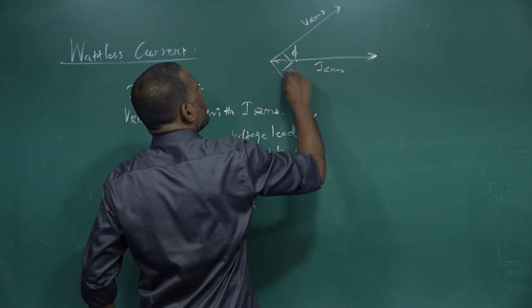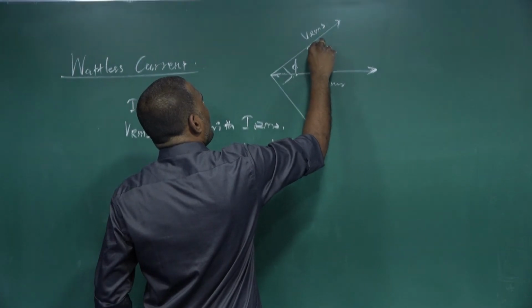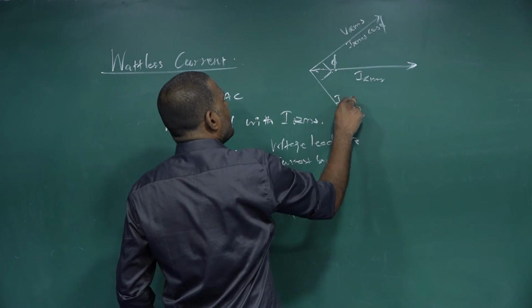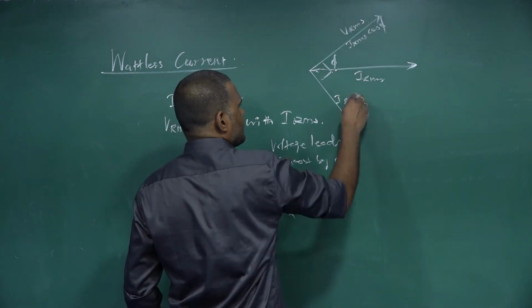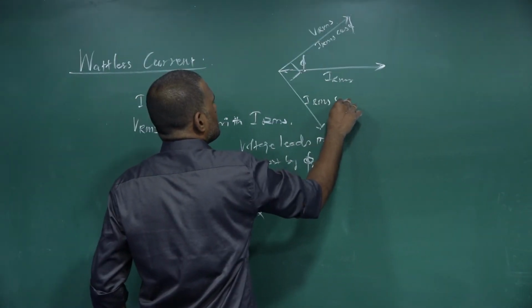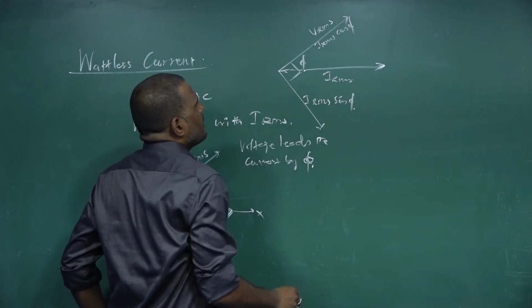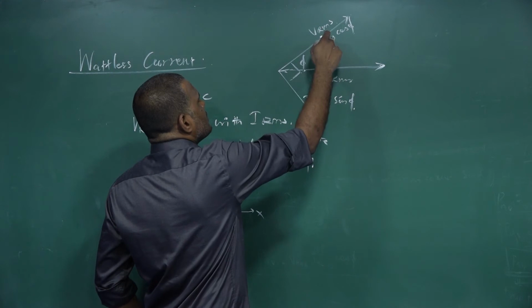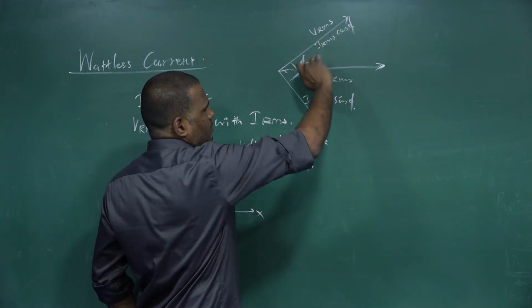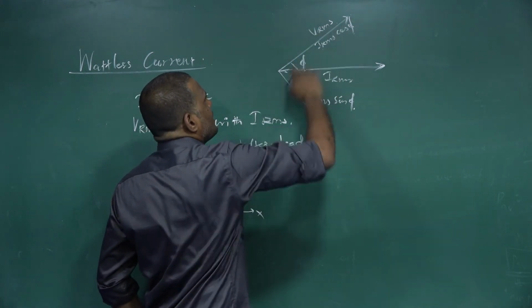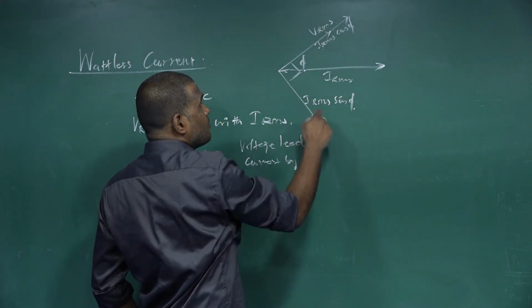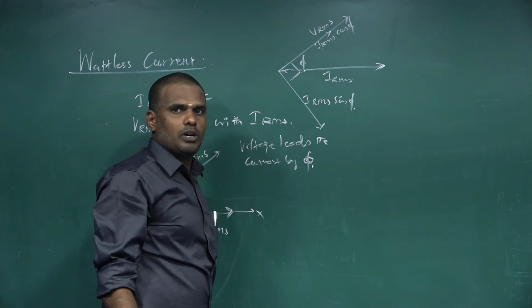This is phase angle phi. This is IRMS cos phi, and this one is IRMS sin phi. Now we can say this VRMS and IRMS cos phi quantity are acting along the same direction. IRMS sin phi is acting perpendicular to the RMS voltage.